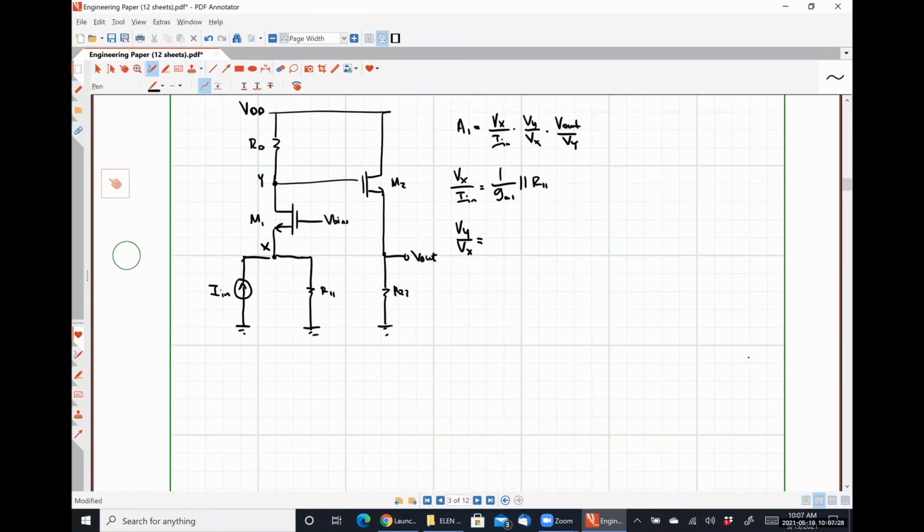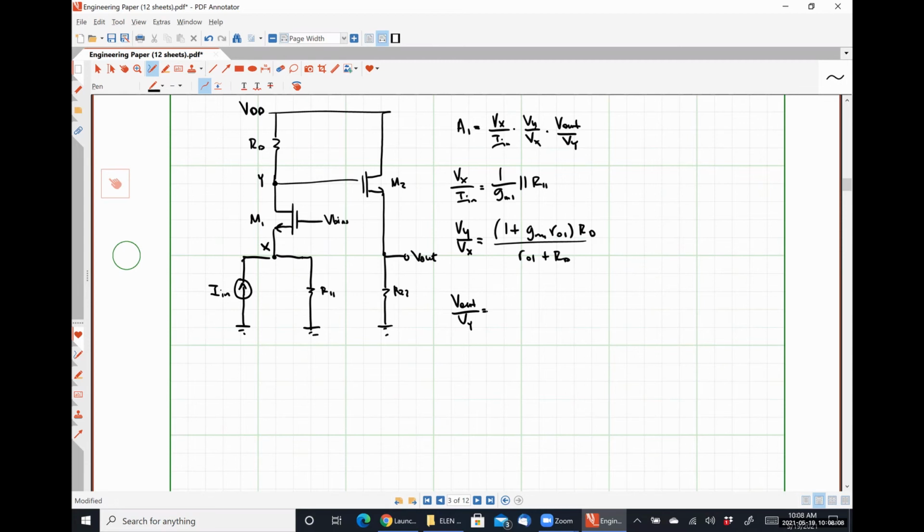So with that in mind, I will just directly substitute that in up here: 1 plus gm1 r01 RD divided by r01 plus RD. Then Vout over Vy. So we have a source follower with some load resistance, and we are including channel length modulation.